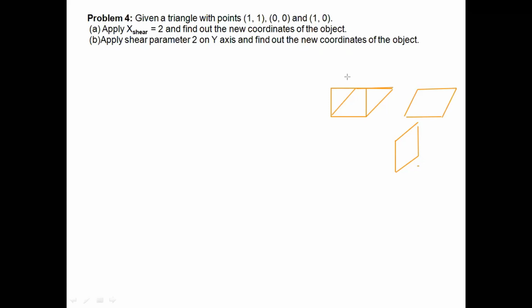So a question is given, that is, you are given a triangle with points 1 1, 0 0 and 1 0. Now you have to apply x shear equal to 2 and find out the new coordinates of the object. Okay, so for the shearing matrix, I told you, what are the parameters involved in the shearing matrix?